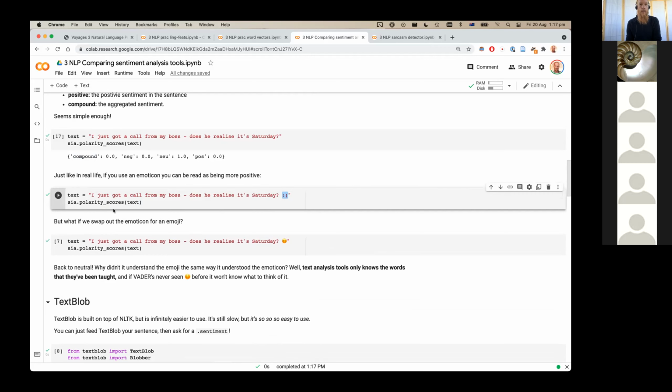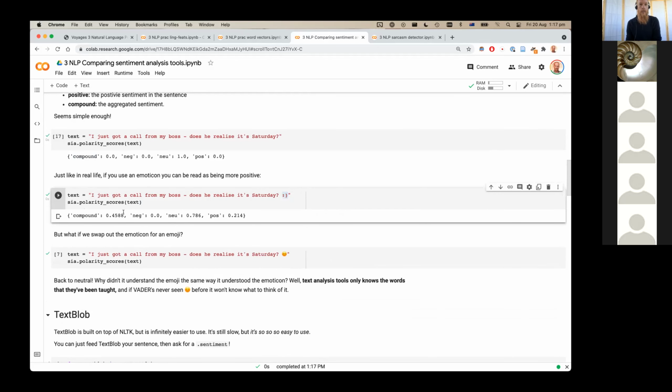If we add a little smiley face there, then we increase the positivity value. Or I wonder if a bigger smile might even boost that up a bit. Yeah, so we can influence the sentiment analysis through the inclusion of things like emoticons.